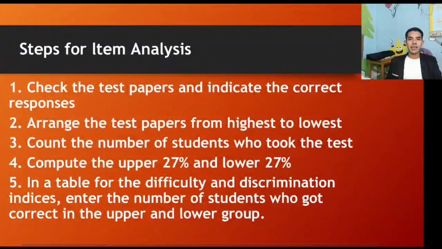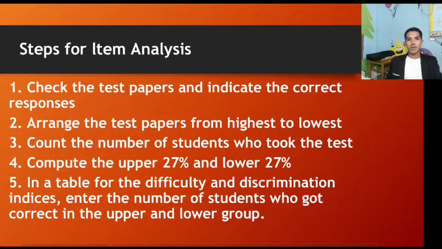And second, after you check the test paper, we have to arrange the test papers from highest to lowest. Why do we need to arrange from highest to lowest? Because it makes it easy for us teachers to know the students from the upper group and from the lower group. So we have number 3, count the number of students who took the test.